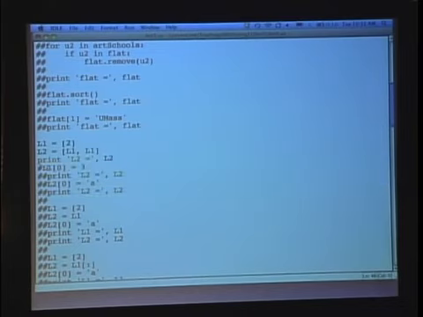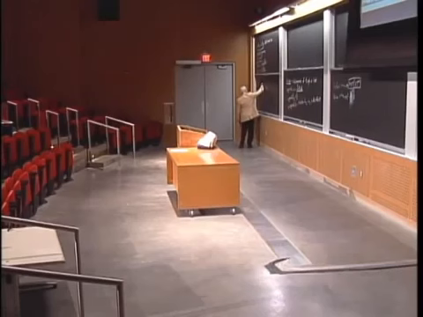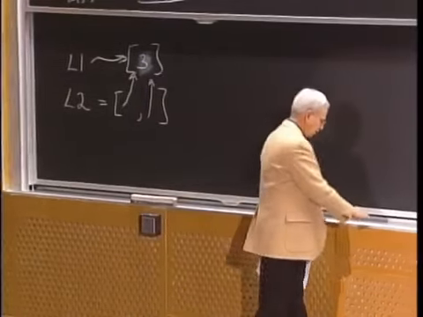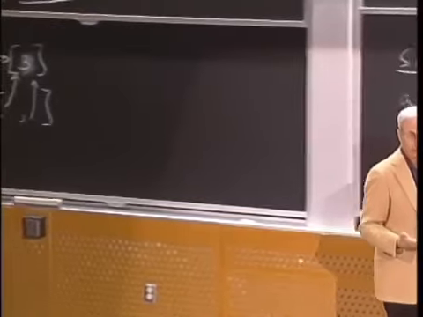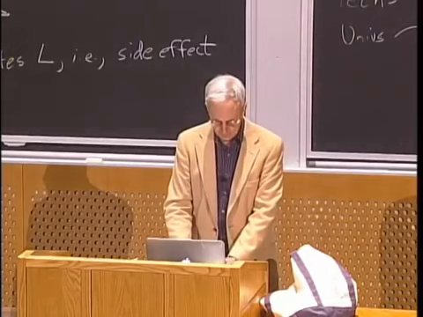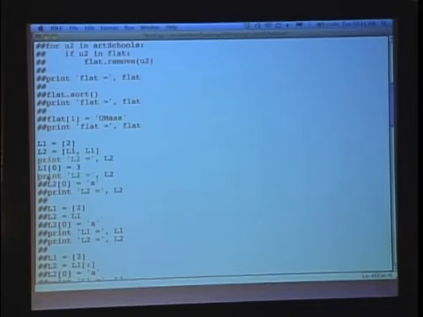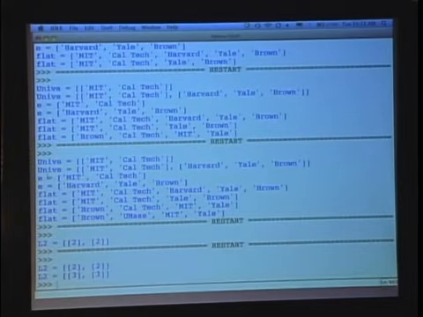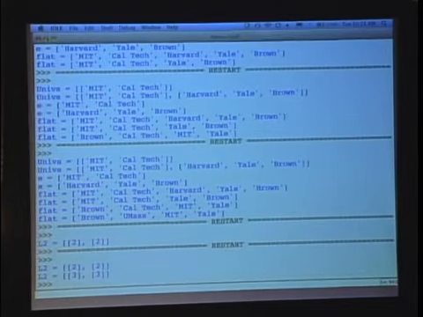Now, I'm going to change the 0th value of L1 to be 3. So I'm going to mutate L1. Now, if I print L2, I will get a different value. 3, 3. Not surprising.